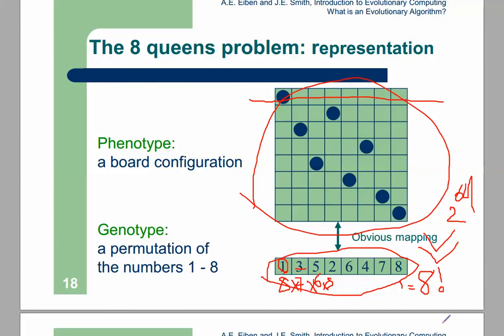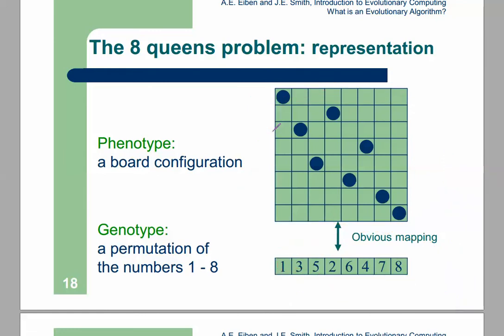So if you use this permutation representation, you can reach the best solution much faster than this. So the representation is very important for solving the problem.